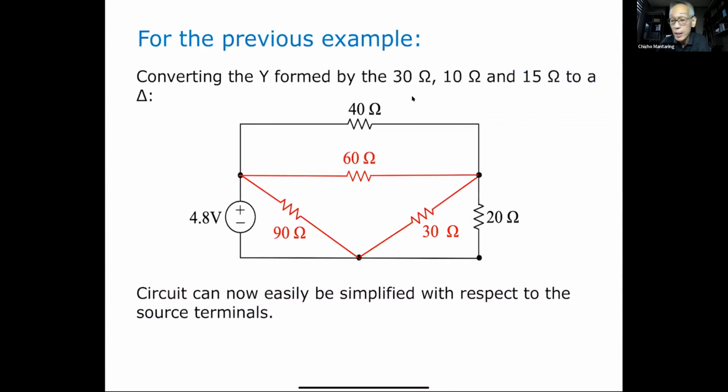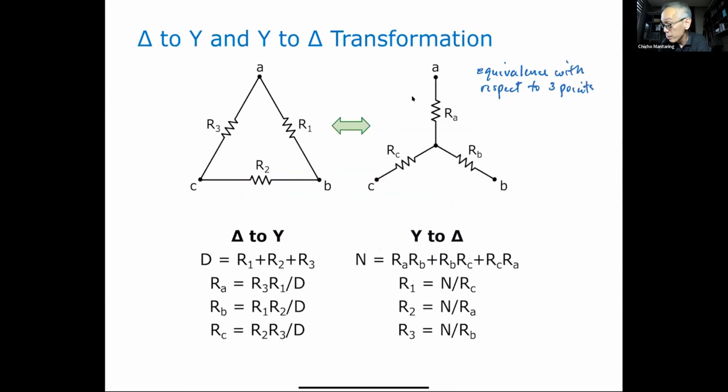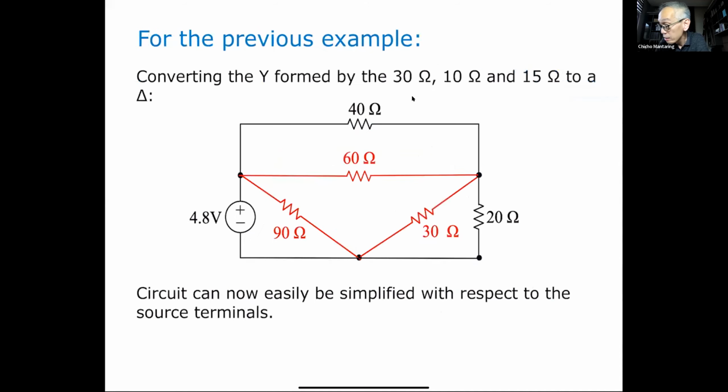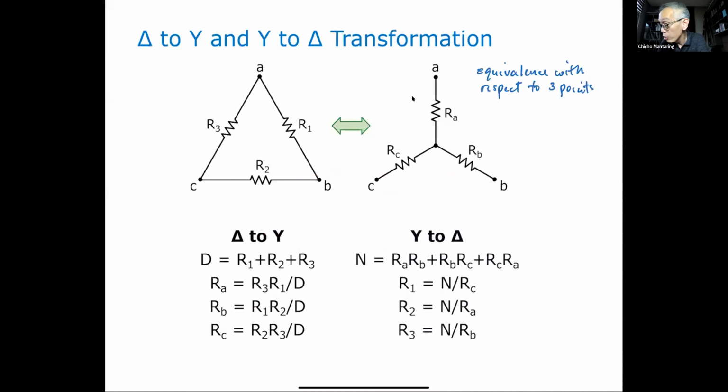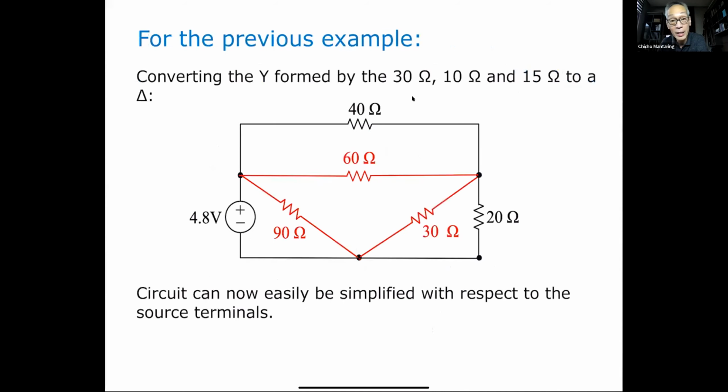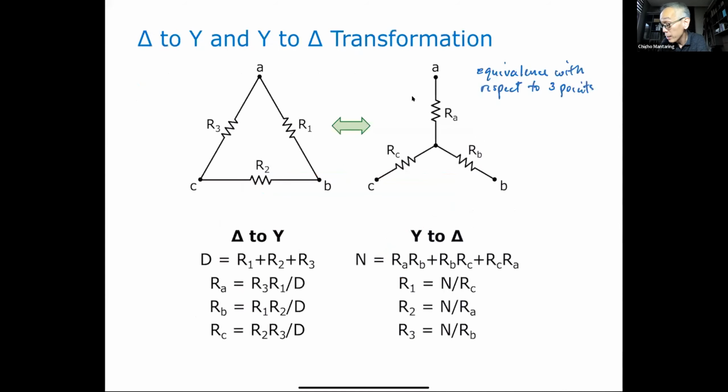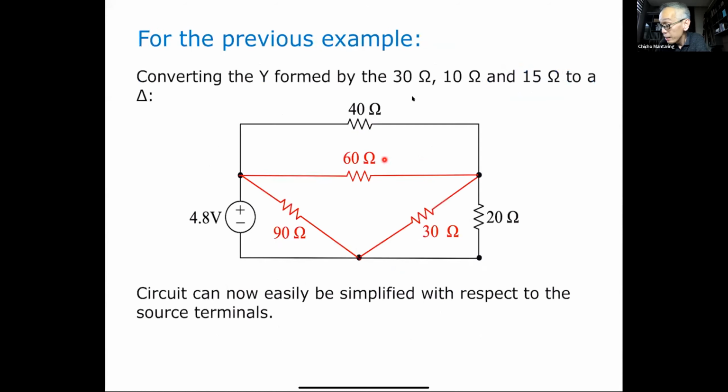So using the formulas that I previously gave, let's see what this resistance is. This is Y to delta. I have my numerator, RA RB plus RB RC plus RC RA, divided by this resistance.